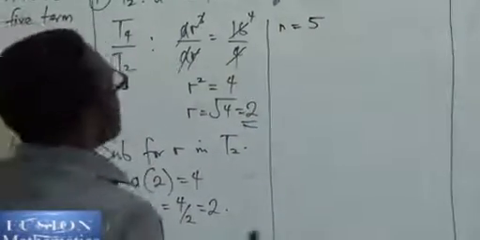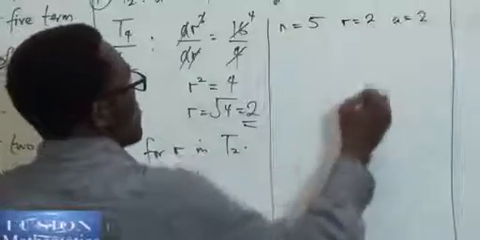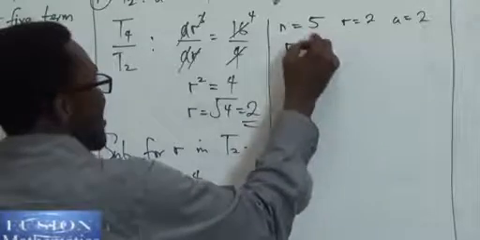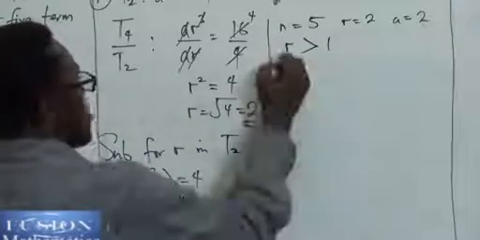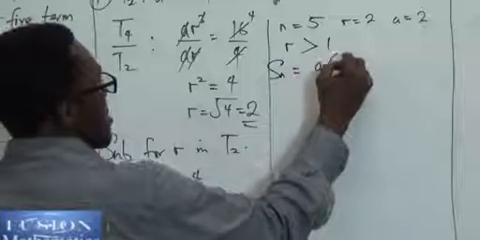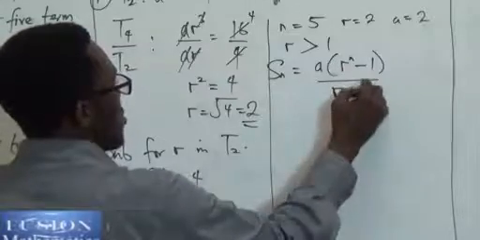We have r already as 2, a as also 2. From our common ratio, we already see that r is greater than 1. So we use the formula Sn equals a bracket r raised to power n minus 1 all over r minus 1.